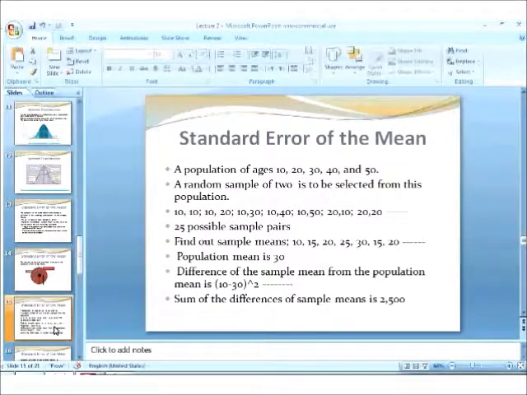So it's a finite population. However, if we say the number of stars in the sky, they are finite as well, but we are not able to count them. Maybe one day we might be able to count them, but not yet. So we say there are infinite stars in the sky, something that we are not able to count.